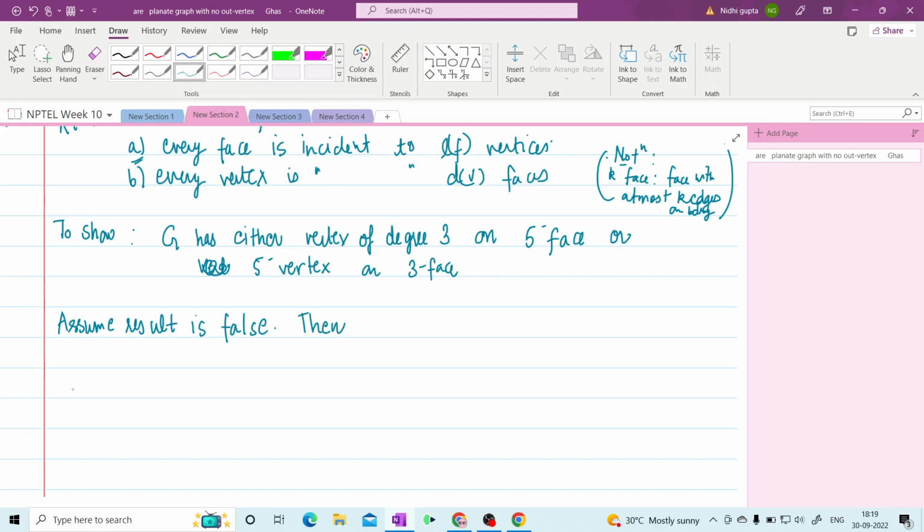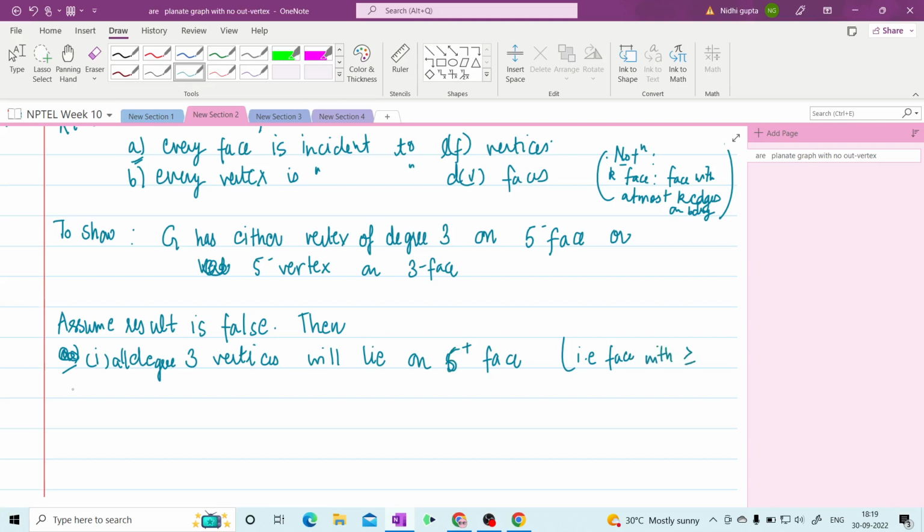The first thing is that all degree 3 vertices will lie on 6 plus faces, that is, faces with greater than or equal to 6 edges.